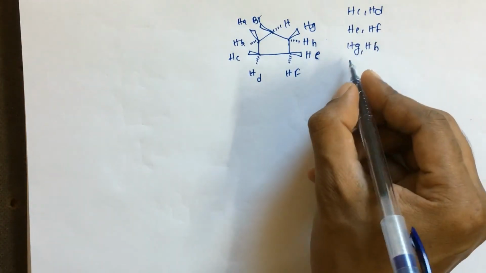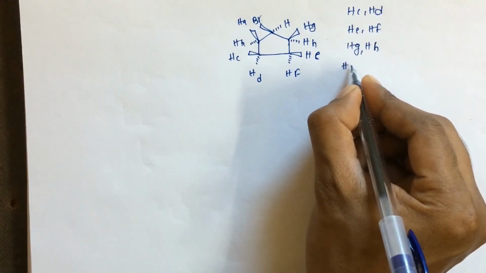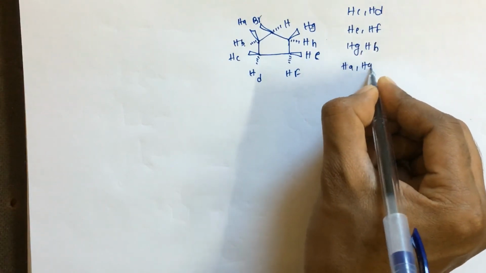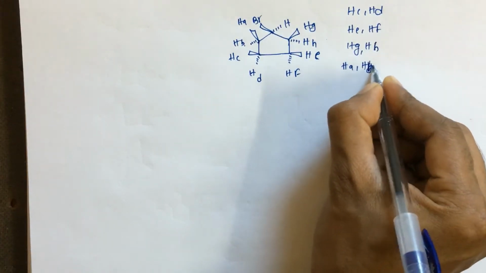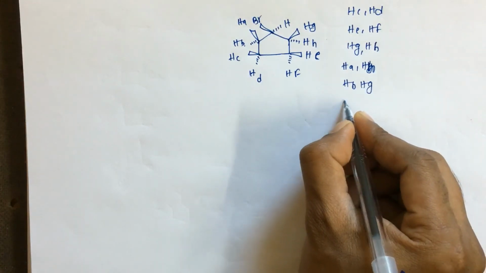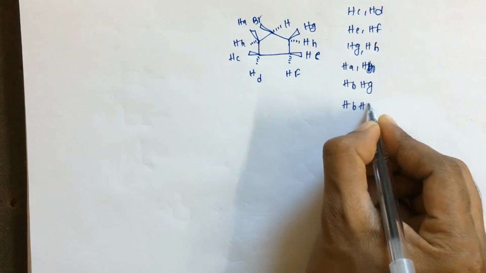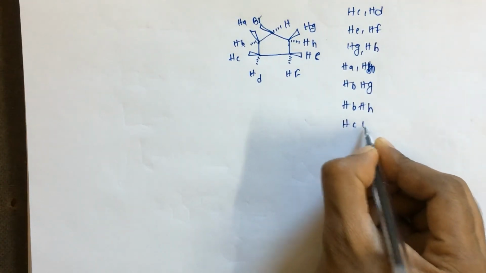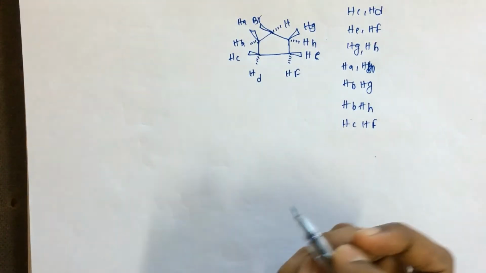And also Ha and Hg, Ha and HH, and Hb and Hg, then Hb and HH, Hc and He, Hd and HF.